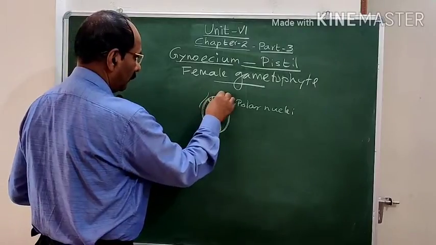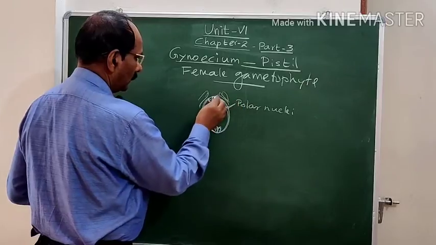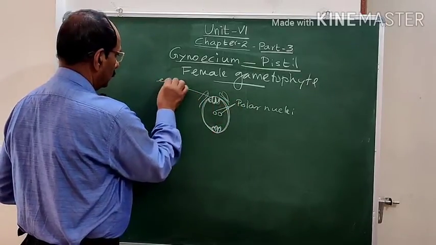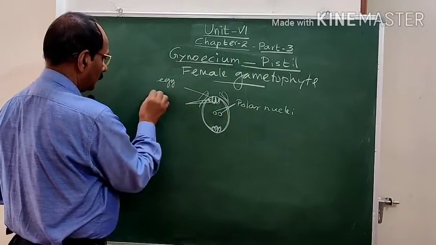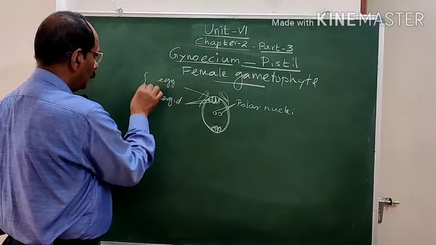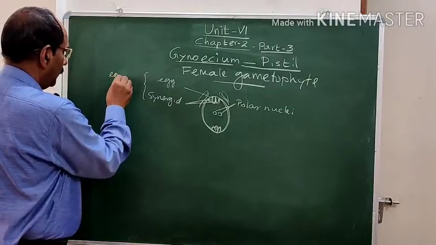Suppose this is the micropylar end. In the micropylar end, the three cells, the one in the center is known as the egg cell. That is the egg, and on either side are the synergids. And these three together are known as the egg apparatus.